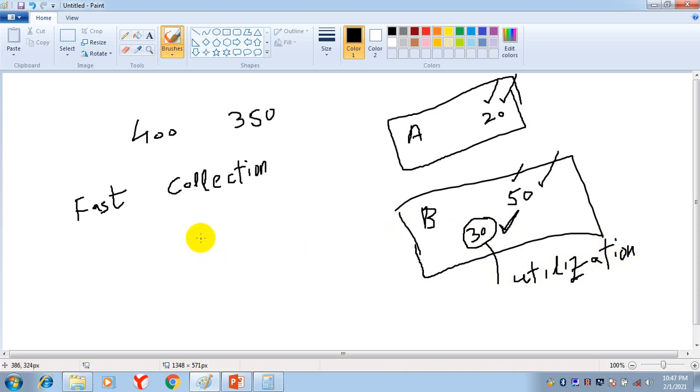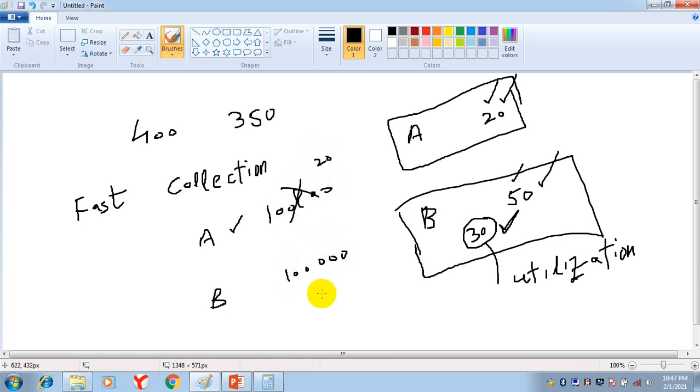Suppose I am A, you are B. I have a credit of $100,000. You also have a credit of $100,000. Now after 20 days, I paid this money. Finish.